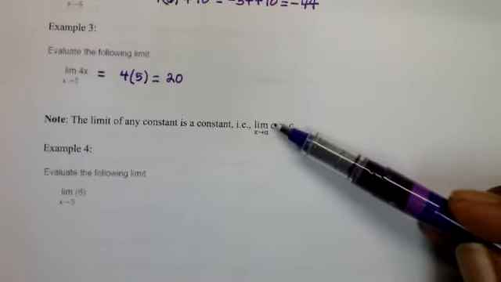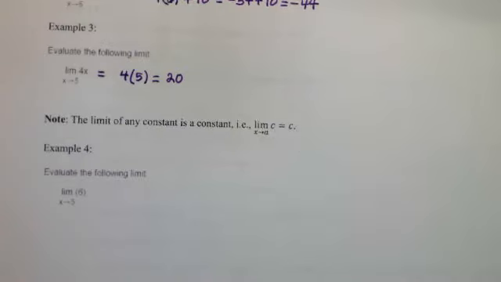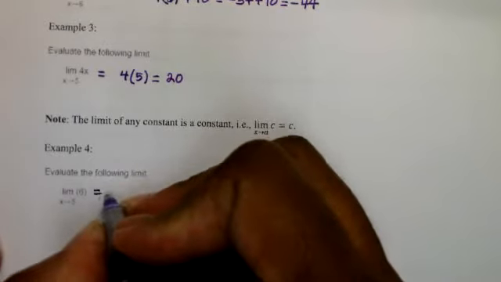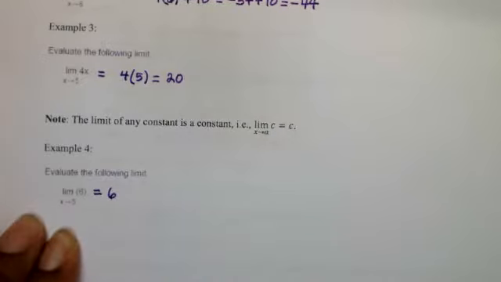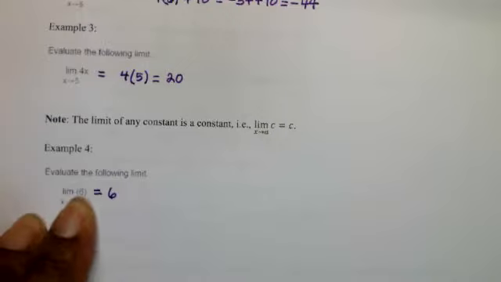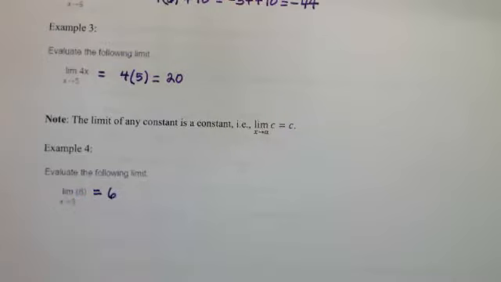So like in this example, the limit as x approaches 5 of 6 is simply going to be 6, because it is a limit of a constant.